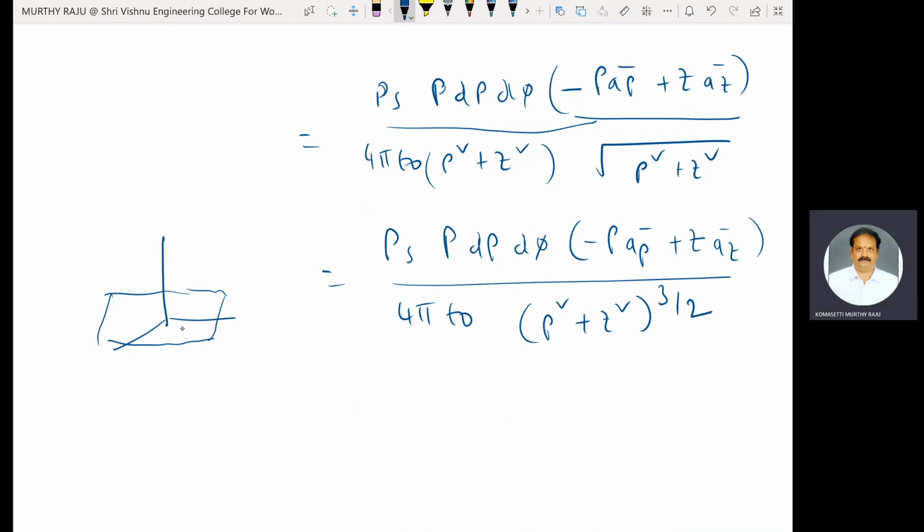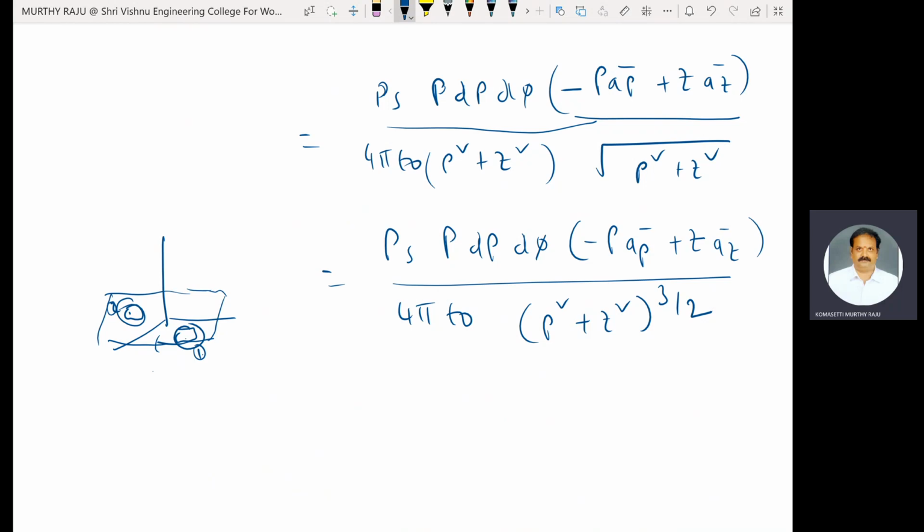Here, consider this is a small element, and here is another small element. Due to symmetry of the charge distribution, for every element 1 there is a corresponding opposite element 2, whose contribution along the a_rho direction cancels that of element 1.